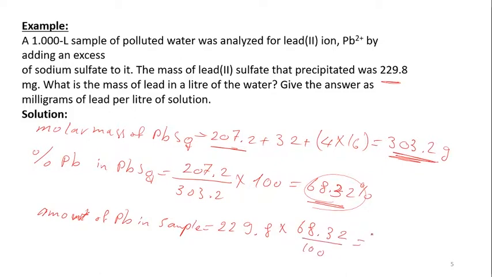That would be equal to 157 milligram lead. This means I have in 1 liter sample around 157 milligrams of lead ion.